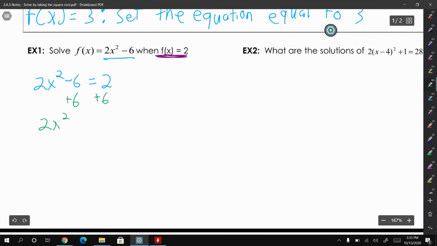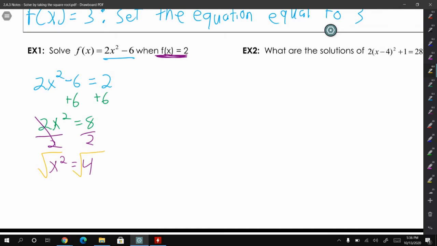We get 2x squared equals 8. Divide both sides by 2. We get x squared equals 4. To undo this x squared part on the left side, you need to take the square root. So we're going to take the square root of both sides.